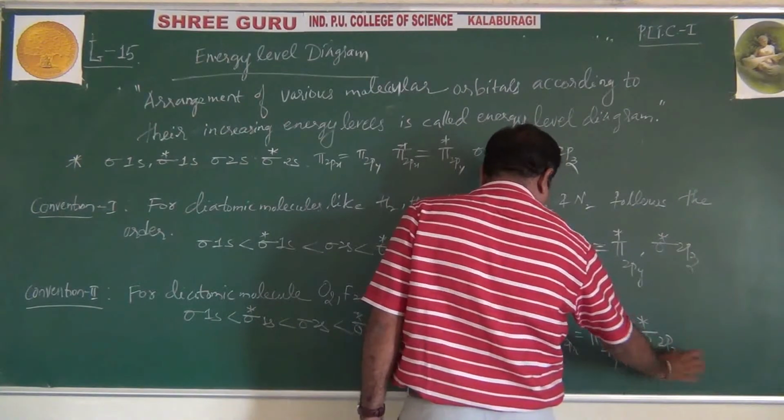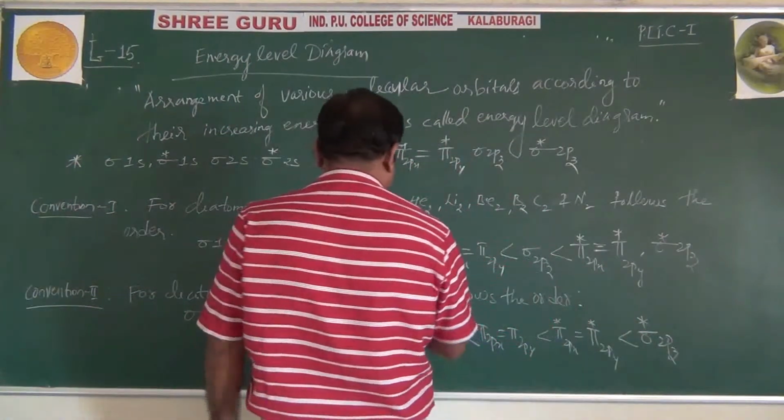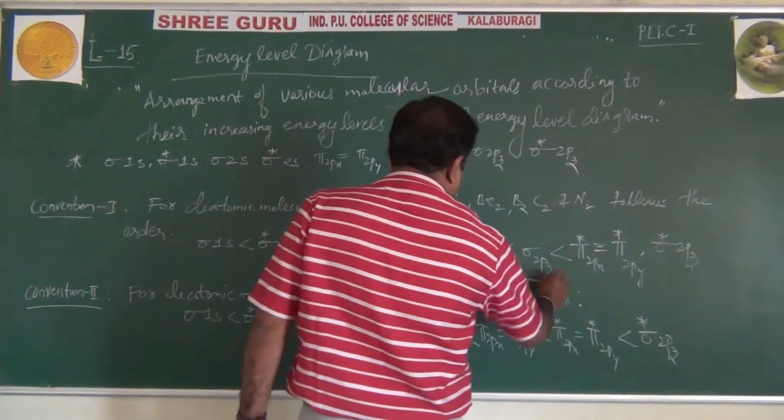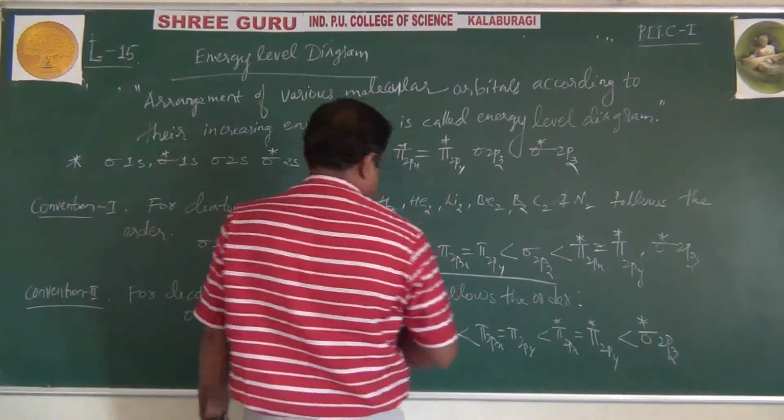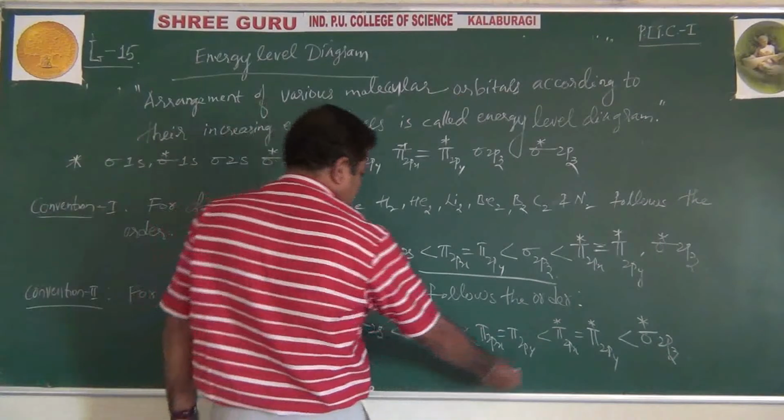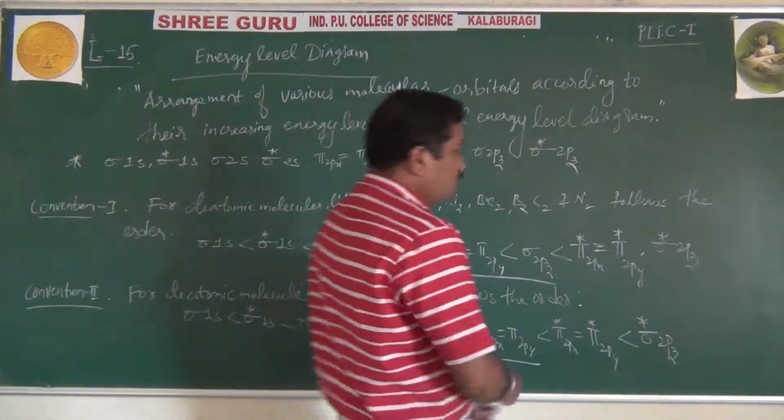See, this is the difference here. Here sigma 2pz comes after the pi molecular orbitals. Here sigma 2pz comes before the pi orbitals.